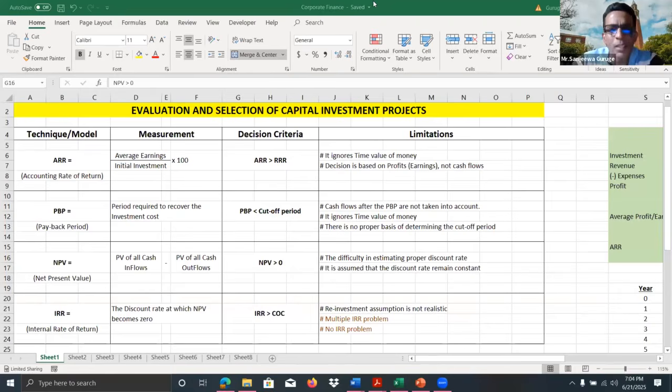Sometimes we use the term yield, but IRR of a bond means yield to maturity, YTM. I can see many answers which indicate you have the proper understanding about this. So IRR is a very useful concept which we can use.